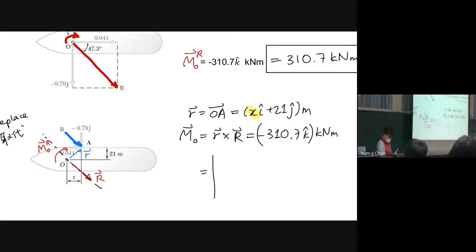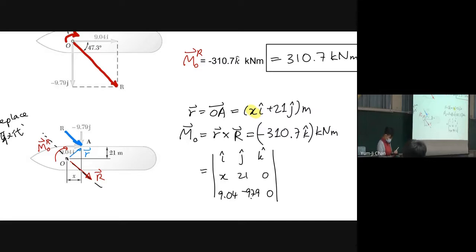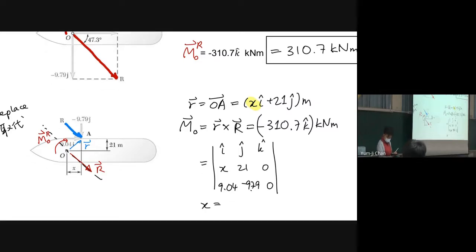Therefore, it depends on how you write it, but I write it this way. And we will get x equal to 12.3 meter. This one is capital R, and this one is small r.